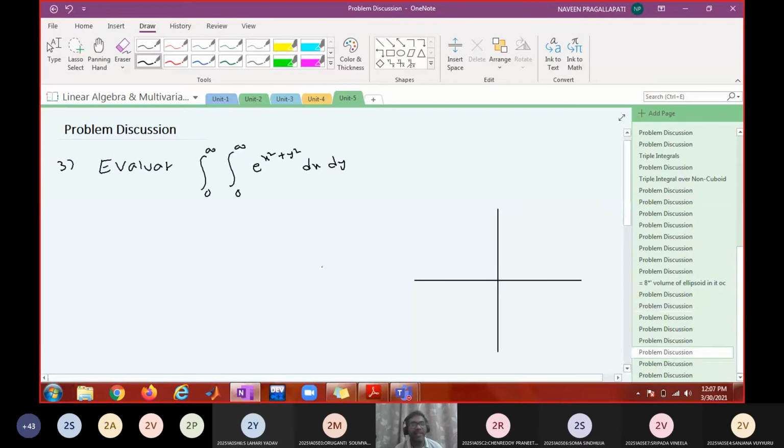Okay, can you tell me the region of integration for this? X is ranging from where to where, y is ranging from where to where?